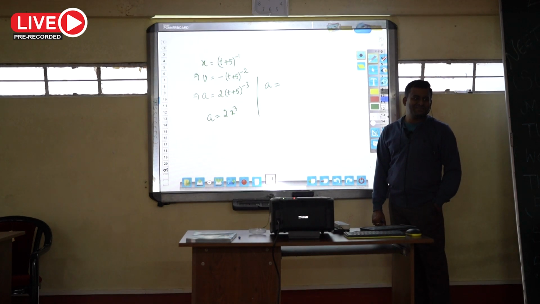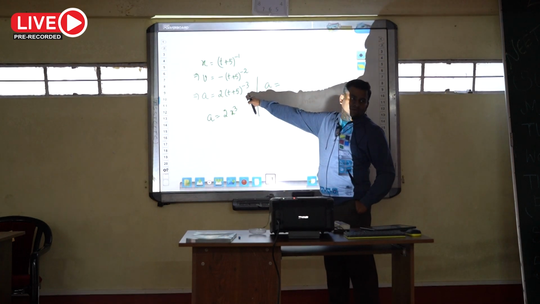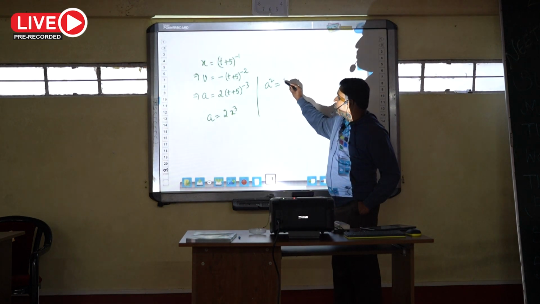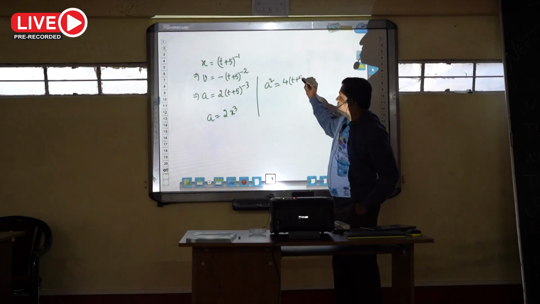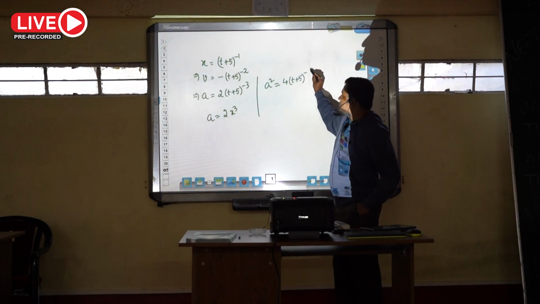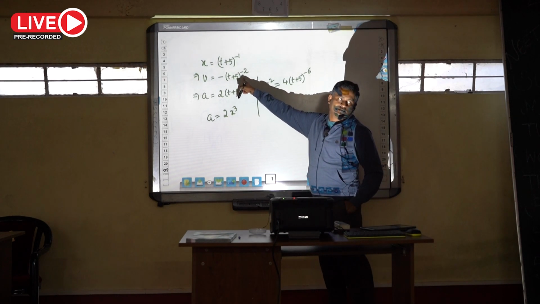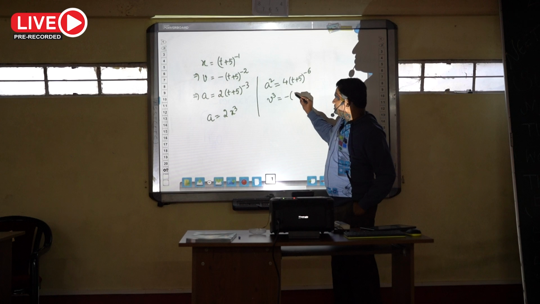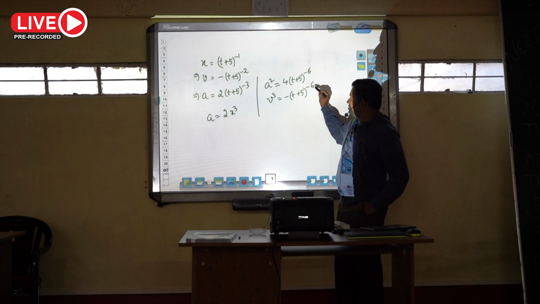How to calculate it? Take a square of this equation. Okay, so a square will become 4 (t plus 5) whole to the power minus 6, and take a cube of this equation. V cube equal to minus (t plus 5) whole to the power minus 6.